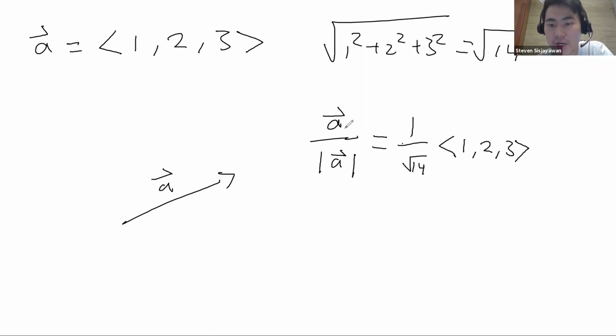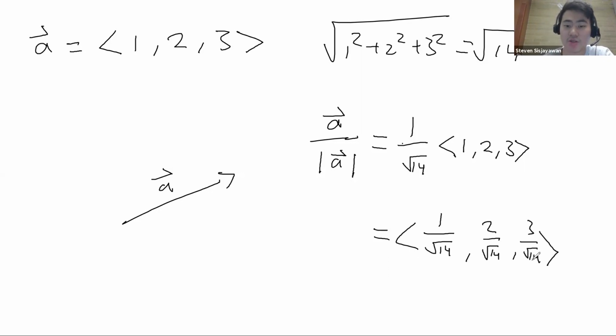You can double check that the magnitude of this is equal to 1 by doing a scalar multiple of this to the vector and finding its magnitude from there. So if I represent this as 1 over square root of 14, 2 over square root of 14, and 3 over square root of 14, this vector is going to have a magnitude of 1.